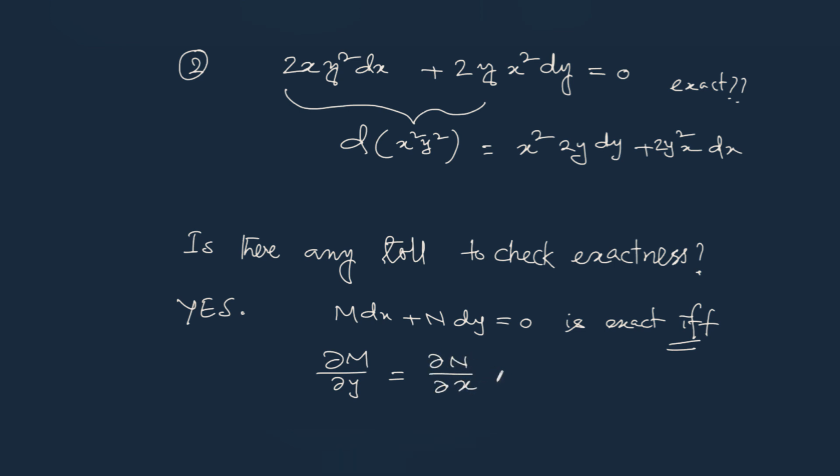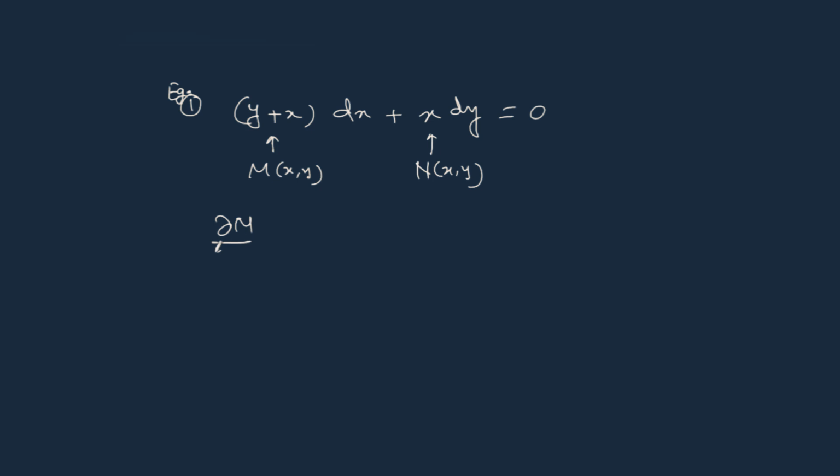The first equation is (y plus x) dx plus x dy equals 0. So this is our M and x is our N. Now del M del y is nothing but 1.